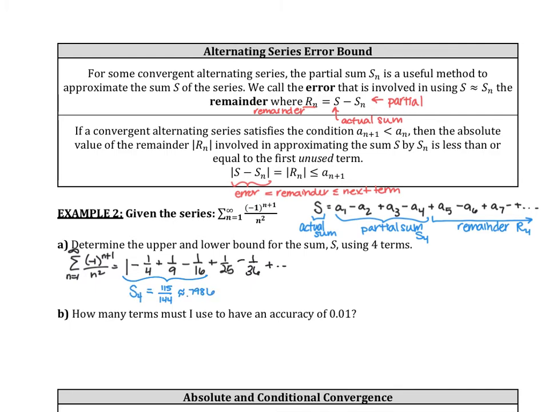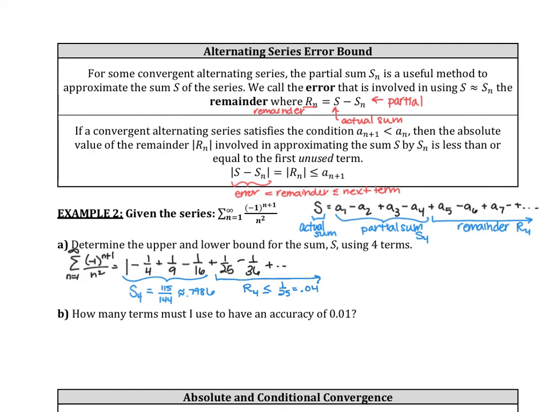Now, the remaining part is my remainder. This is called R4. And what I know is that the remainder needs to be less than or equal to 1/25, which is exactly 0.04. So my remainder will need to be less than that.